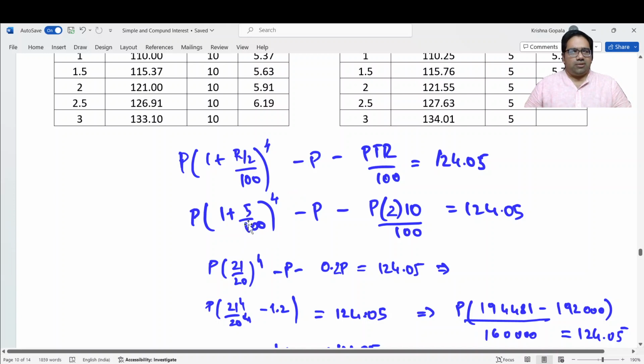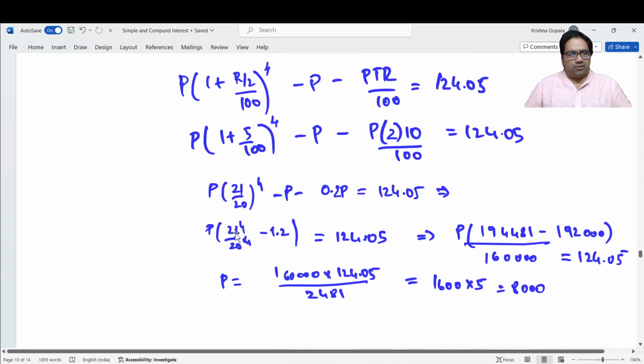Okay. 1 plus 5 by 100 is 21 by 20 whole power 4, minus P, minus 0.2P, equal to 124.05. This one: 21 power 4 by 20 power 4 minus 1.2 equal to 124.05. We just simplified this. 21 power 4 is 194481, minus 1.2 into 160,000 is 192,000. Right. Then principal becomes 160,000 into 124.05 by this part, 194481 minus 192,000, which is equal to 2481.